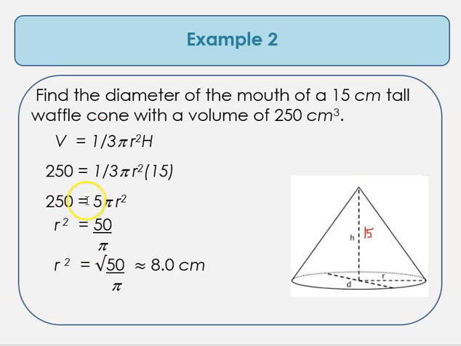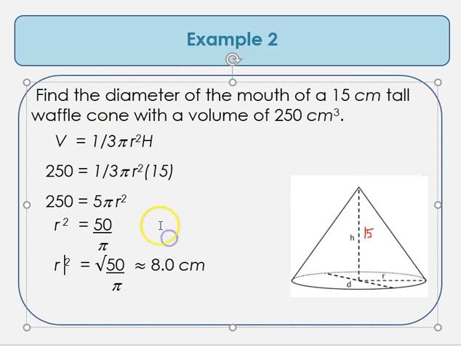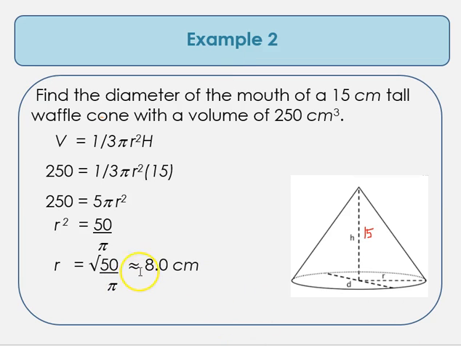We have 250 equals 5 pi r squared. That was 15 times 1/3 is 5. And now we divide both sides by 5 pi, and r squared equals 50 divided by pi. That means that r equals the square root of 50 divided by pi, which is approximately 4.0 centimeters.